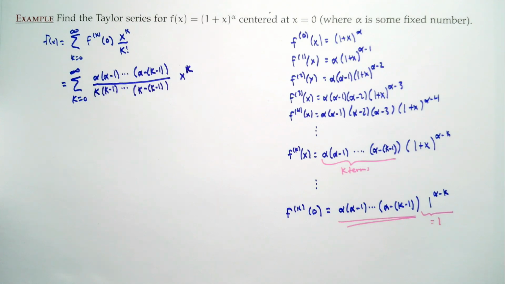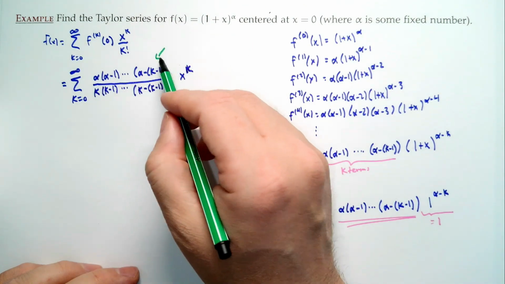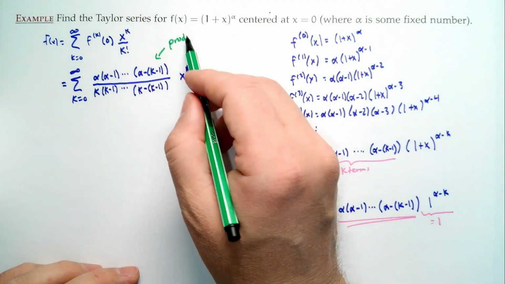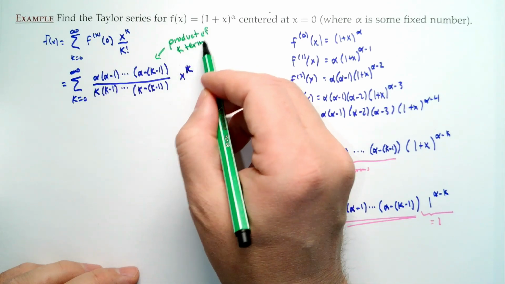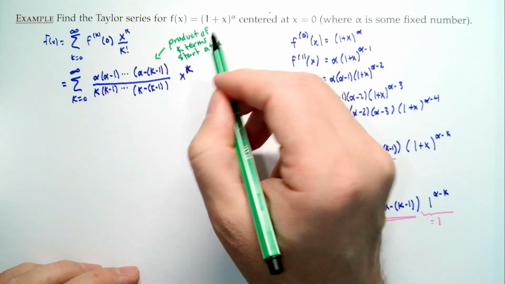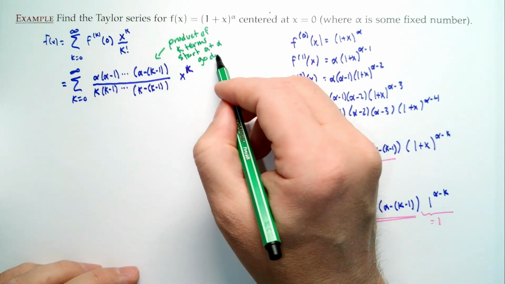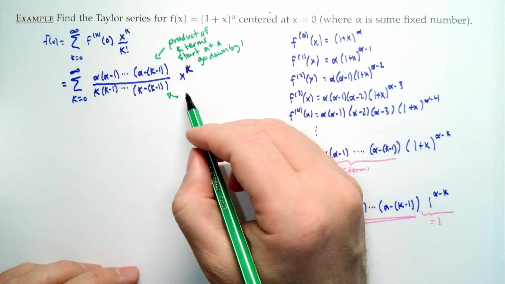Now let's check and see what's going on. Upstairs we have a product of k terms, where we start at alpha and go down by 1 at each term. Now, downstairs, what do we have?